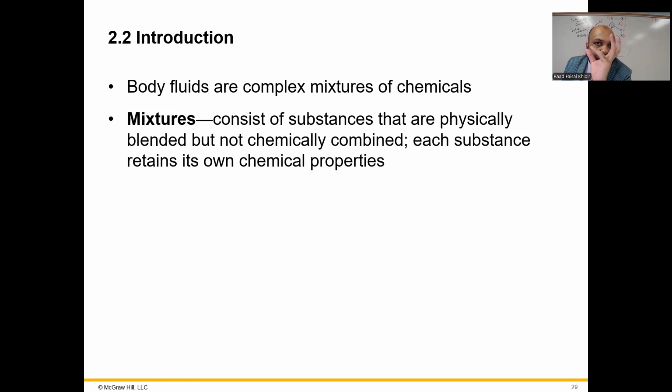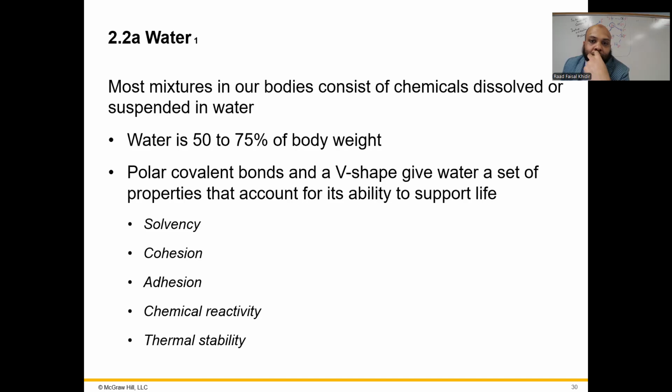They're not completely blended, they are mixed together. Most mixtures in our body consist of chemicals dissolved or suspended in water. Water is 50 to 75% of the body weight. The polar covalent bonds and a V shape give water a set of properties.